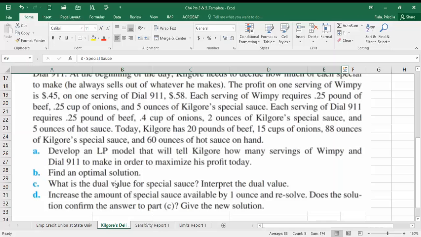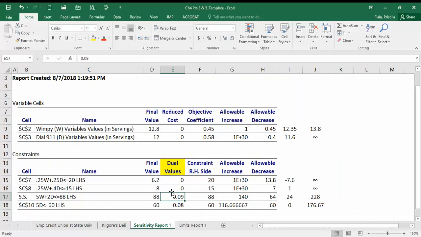Therefore, what is the dual value? The dual value is what I just said. For every unit of this special sauce, the optimal solution will either increase or decrease by 9 cents. Or you could say the dual value is 9 cents.